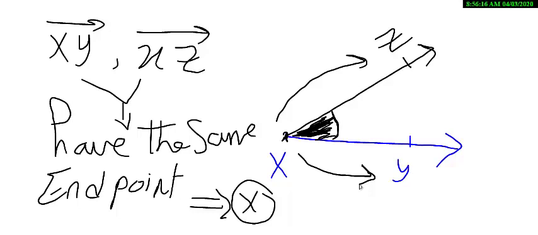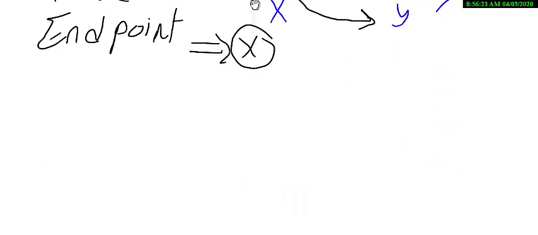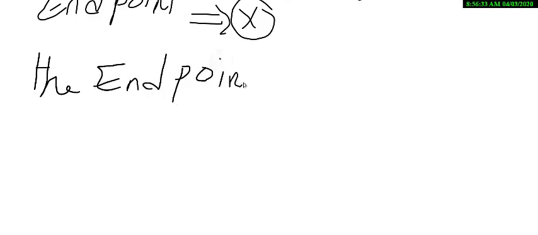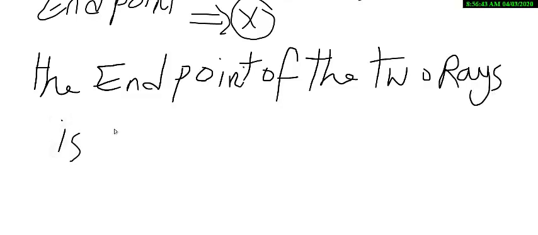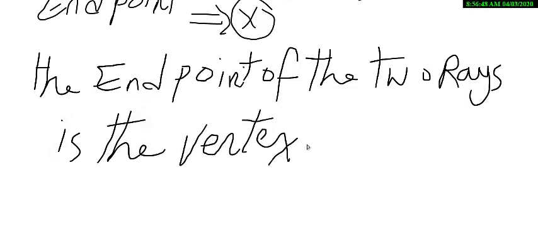The end point of the two rays has a specific name. It's called the vertex of the angle. So I'm gonna write down: the end point of the two rays is the vertex of the angle.